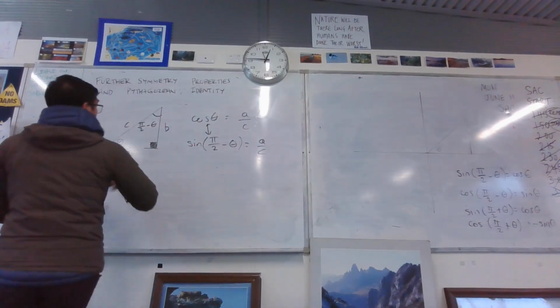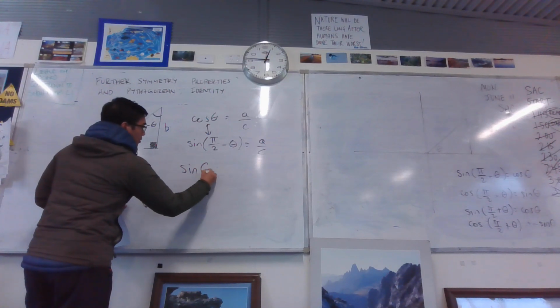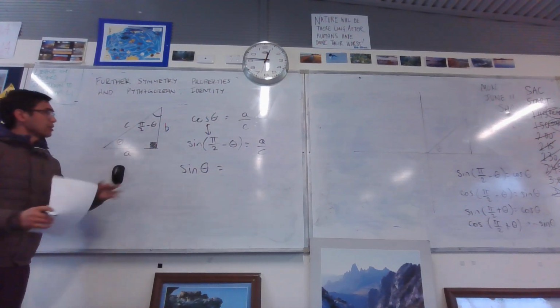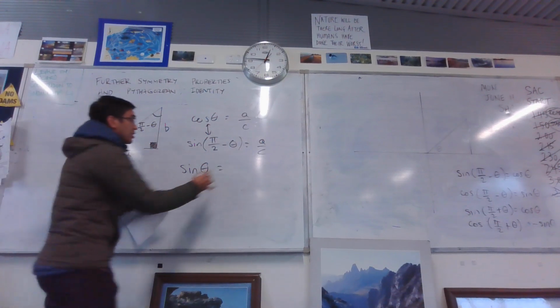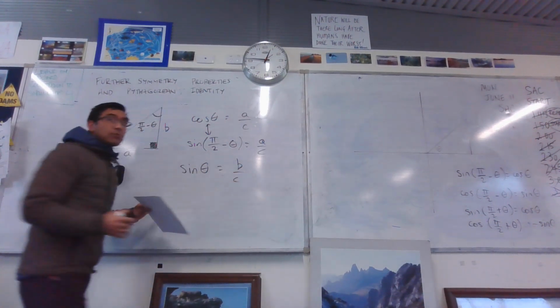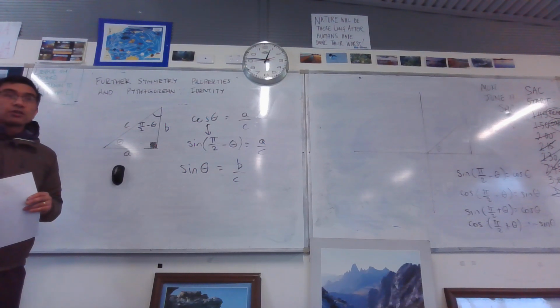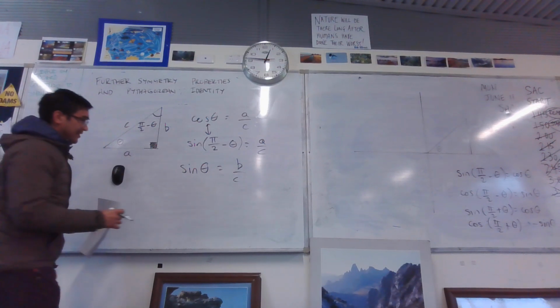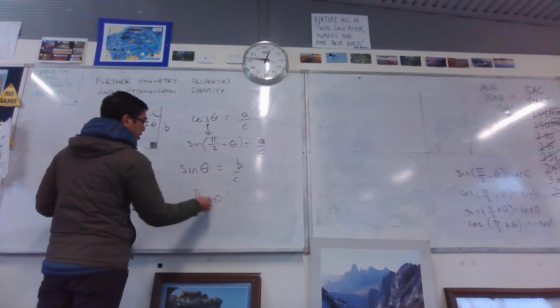Let's do it again. Let's go from here. Let's do the sine now. Any sine of this angle here? What two letters? Oh, B over C. B on C. And what am I going to ask you to do next? Let's give it a go. Emily? I'm going to do the same thing, but with the pi on 2 minus theta. Pi on 2 minus theta. And which one am I going to reach for?